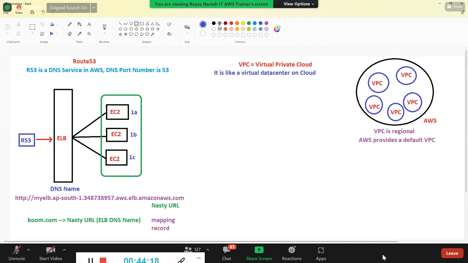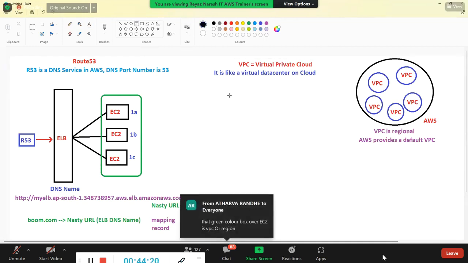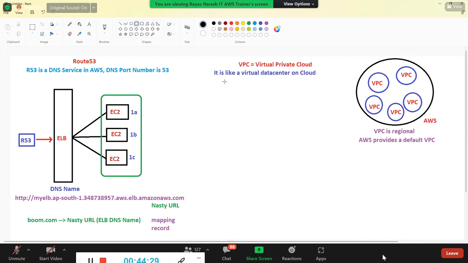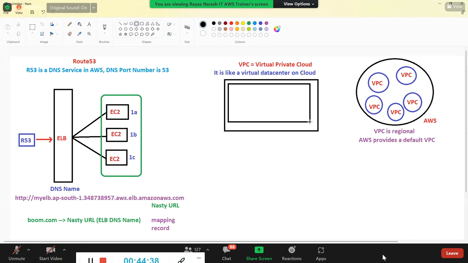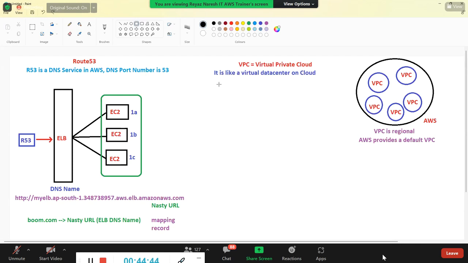Also, do you remember that hierarchy diagram? Where is that green color box? Okay, I need to draw a little bit bigger.